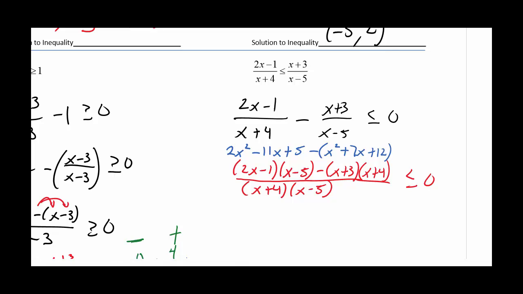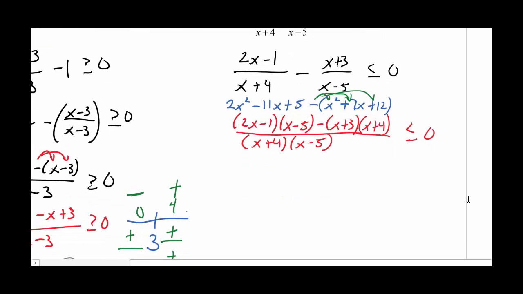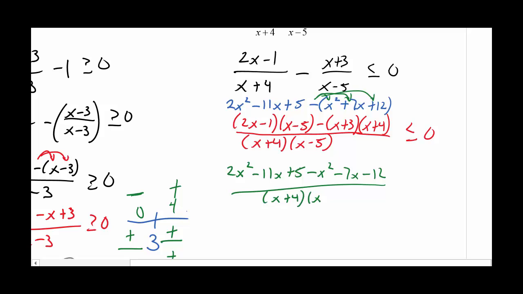I want to make sure to distribute the negative in, so I'll rewrite that. We have 2x squared minus 11x plus 5 minus x squared minus 7x minus 12, all over that lovely denominator.